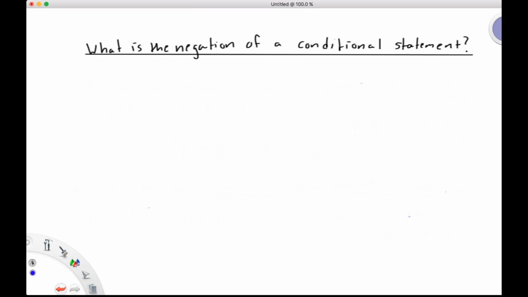Where I think this gets really interesting, however, is when we put together a few different logical statements and say maybe something like P and Q implies R. And if we wanted to take the negation of this entire thing, right, so let's say find the negation or write the negation.